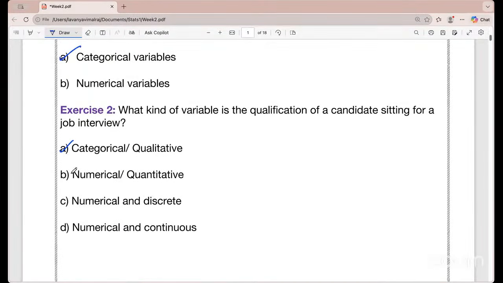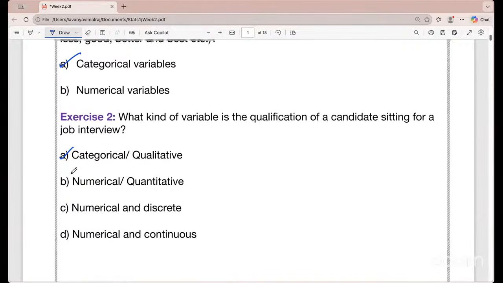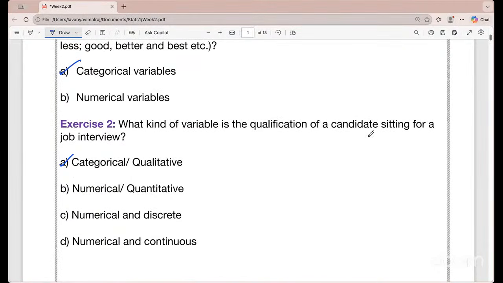Ma'am, can you explain this second exercise? Yeah, suppose there are 5 candidates appearing for an interview, and the qualifications are listed as follows.